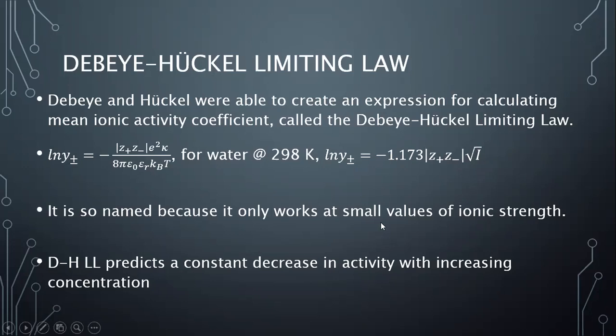It's named the limiting law because this only works at small values of ionic strength. If the ionic strength gets too high, it's going to deviate too much and we can't use it. But this essentially predicts a constant decrease in activity with increasing concentration.